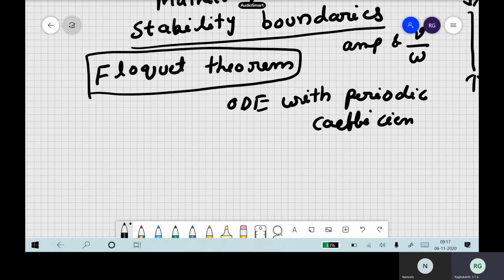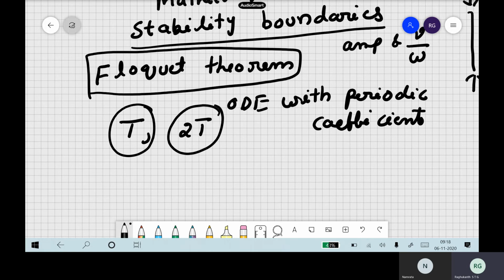What he says is, the solution for equations having periodic terms can be written in terms of two solutions: one with the periodicity T, another one with the periodicity 2T. So two types of solutions exist for these types of problems.